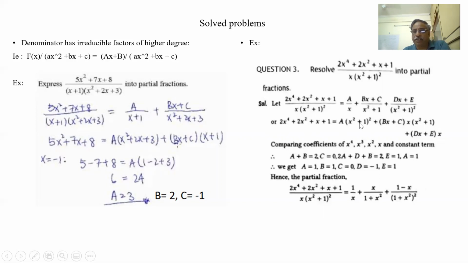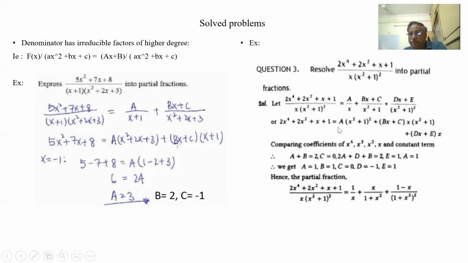So once I equate the top ones, comparing the coefficients of x to the power 4, x cubed, x squared, and x. Here, what is x to the power 4? This is A. Nowhere else is x to the power 4 coming, so A is equal to 2. Simply we get a 2, this is 2x to the power of 4.